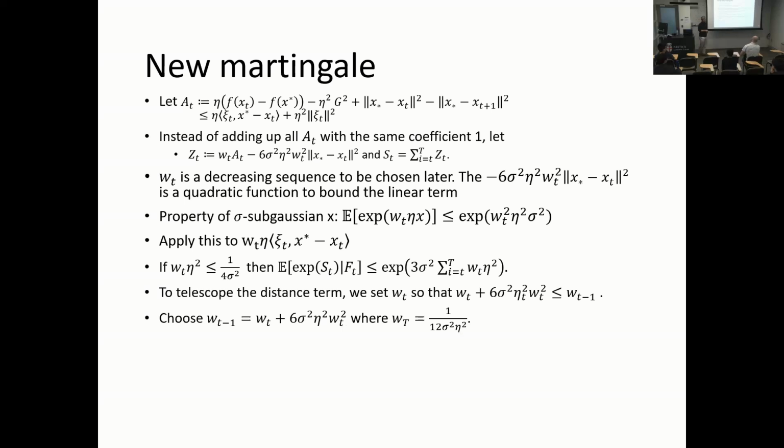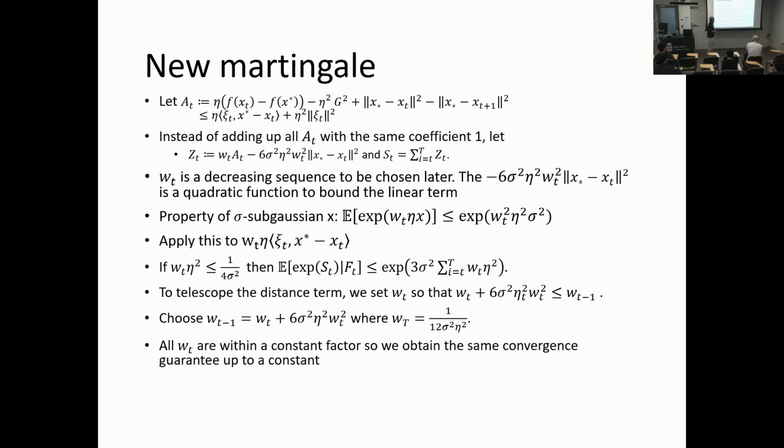And then you can, of course, choose this coefficient so that, roughly speaking, it starts out with some value, and at the end, it drops down to, let's say, half of the original value. So all the Wt, even though they change over time, are within a constant factor of each other, say a factor 2. So you get the same concentration if you ignore this factor 2 drop in the coefficient.